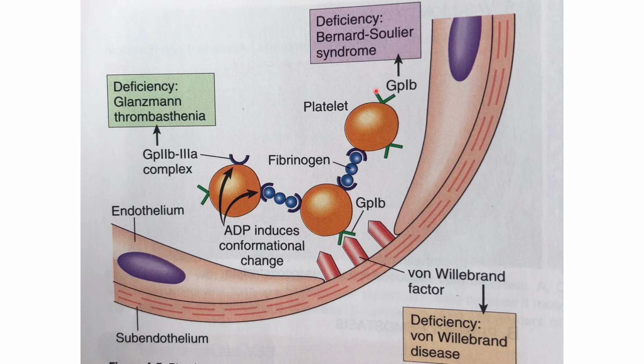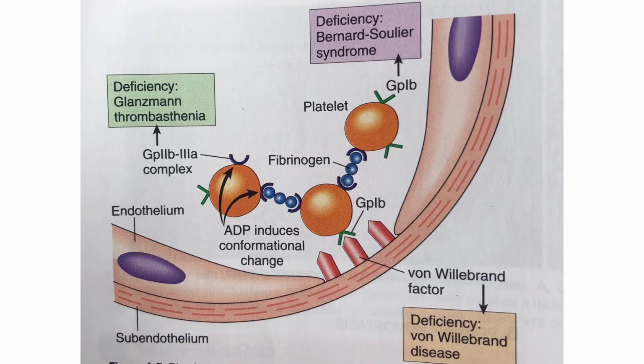Bernard-Soulier syndrome is a similar situation where there's a glycoprotein 1b platelet deficiency. So these are factors which cause problems here, and then von Willebrand disease, a deficiency of this factor. So there are areas which arrest the process of thrombosis, and these are three examples, and their mechanisms are here and here and here.